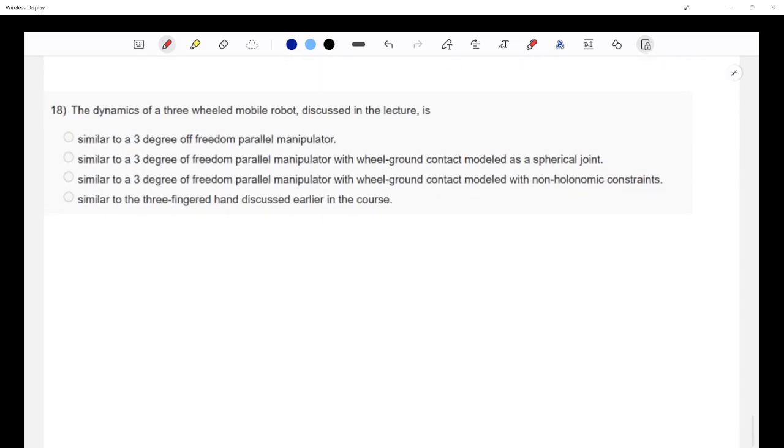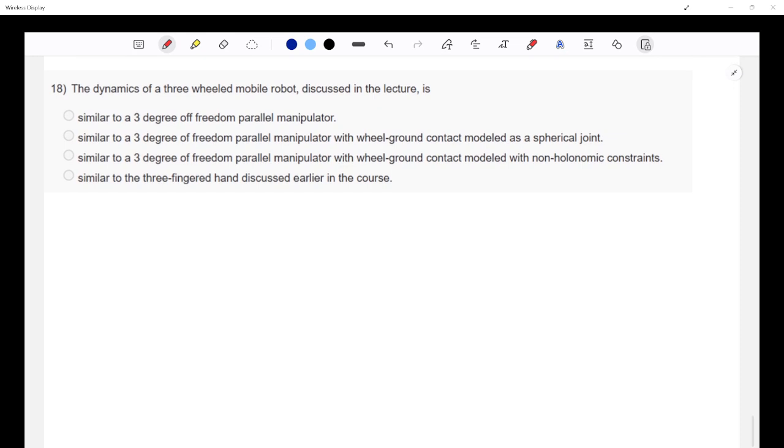This is the second last question that we are taking. The dynamics of a three-wheeled mobile robot is similar to a 3 degree of freedom parallel manipulator, or similar to a 3 degree of freedom parallel manipulator with wheel-ground contact modeled as a spherical joint, or with non-holonomic constraints, or similar to the three-fingered hand discussed earlier in the course.